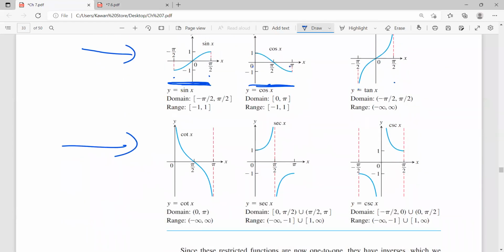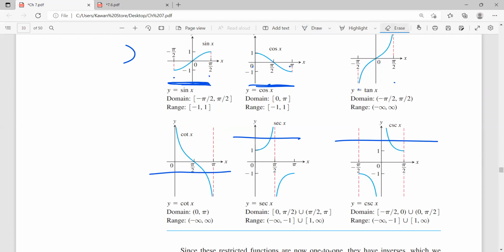Here we have cotangent. Cotangent is like that. So I'm not going to take the other one, just the first part. Why? Because of one-to-one, you can see the one-to-one. And here's the second that we did. And that one is homework for you. Understood? Because cosecant is like what? The graph of cosecant is like that.